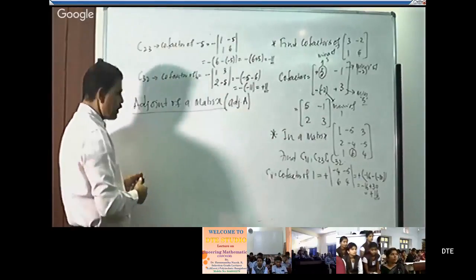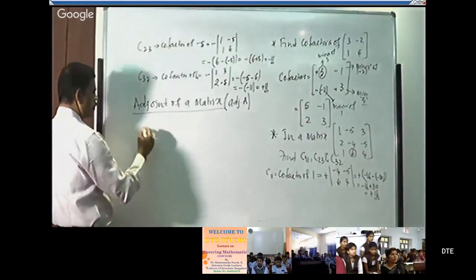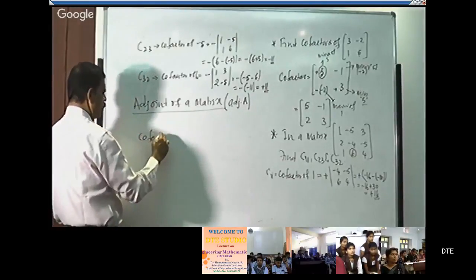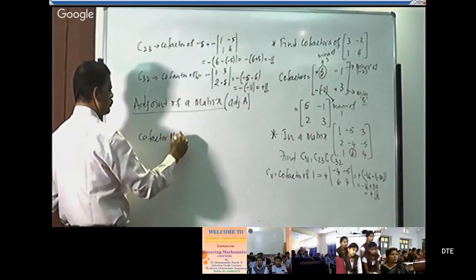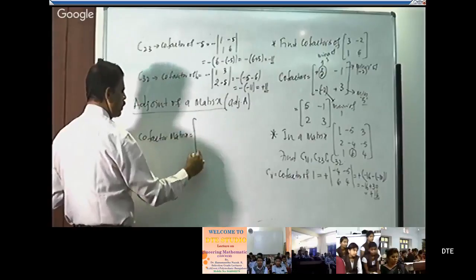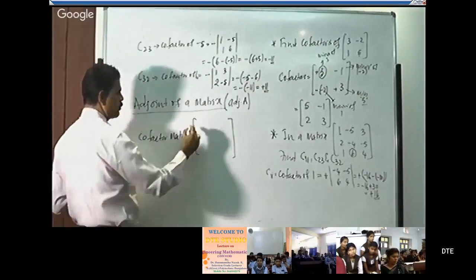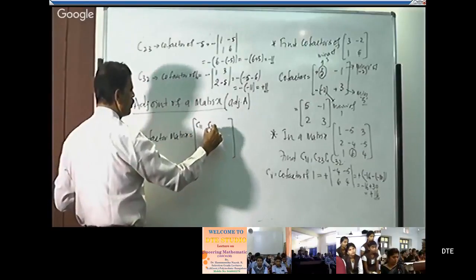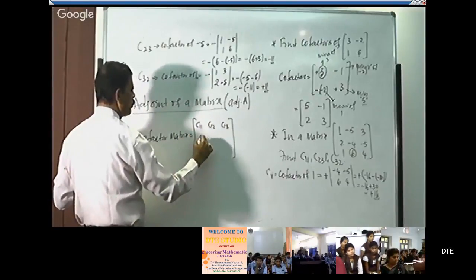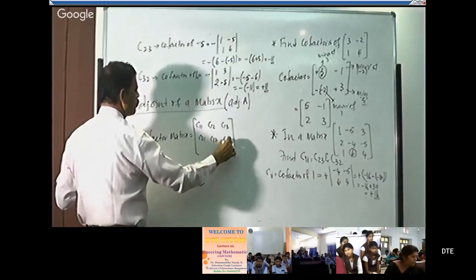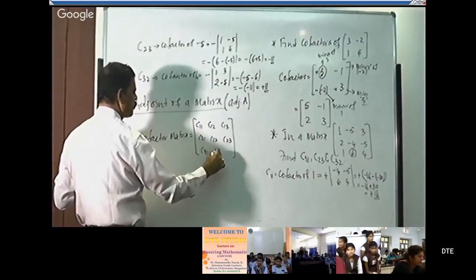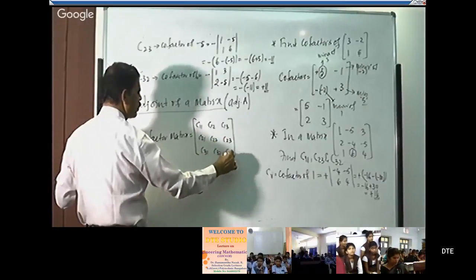So after getting cofactors, we can write the cofactor matrix. For a given square matrix, I can write the cofactor matrix. That is C11, C12, C13, C21, C22, C23, C31, C32, C33.